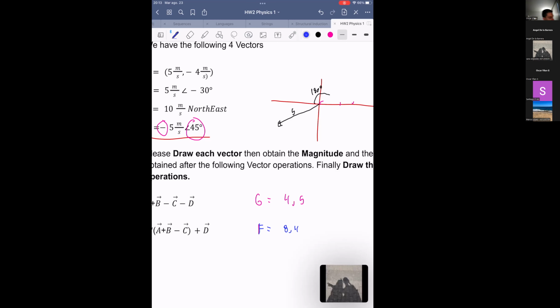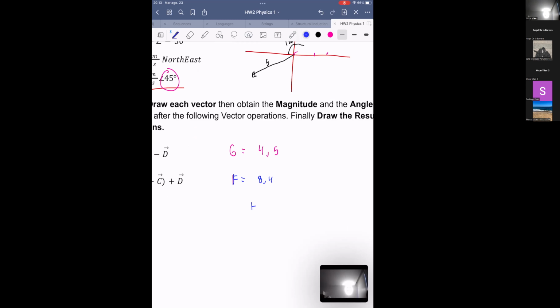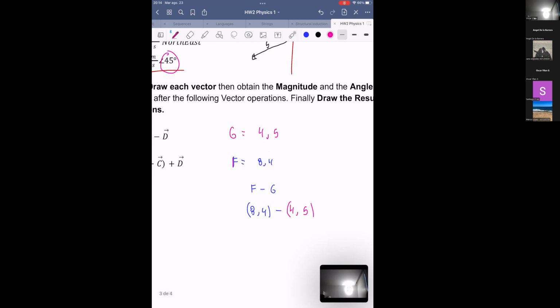Yes. Okay. If they put you F minus G, what you have to do is remember the sign is basically multiplying each component. So you will have 8, 4 plus minus 4, minus 5.